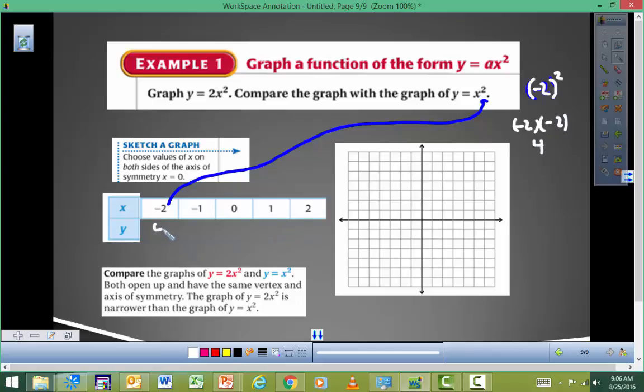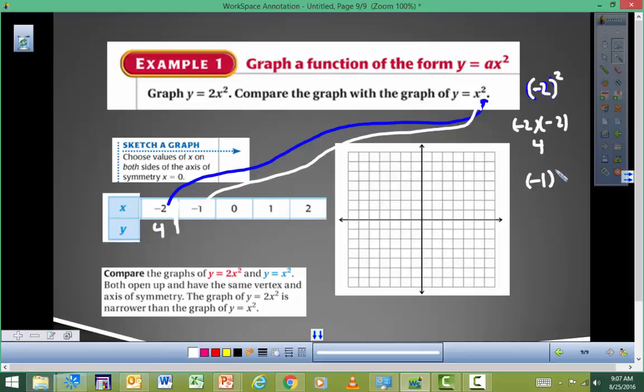There are a lot of people that would have put a negative here and they would have made a mistake. The x here is being squared. Then you put this point in over here for x, and you do -1 squared.